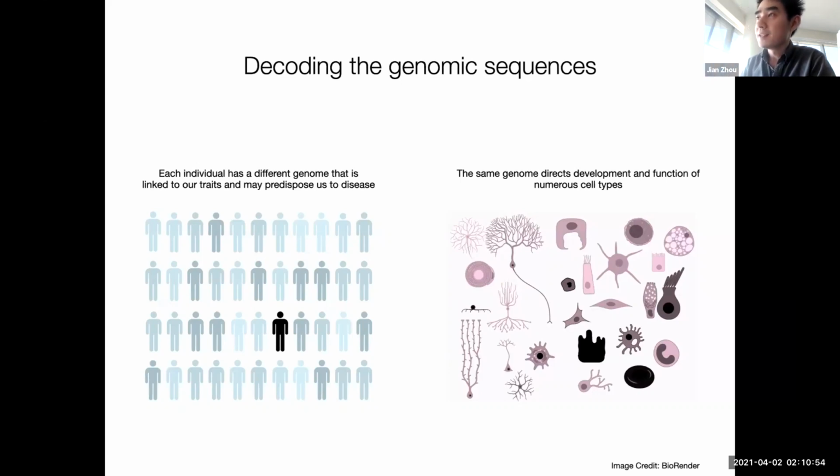On the other hand, of course, the same genome gives rise to all of those different cell types. And the same genome has to be differentially utilized in different cell types to regulate expression and other processes. There are tons of studies about this, but still we are not at the level that we can say, given a sequence or a particular mutation, what would be its impact in all those cell types.